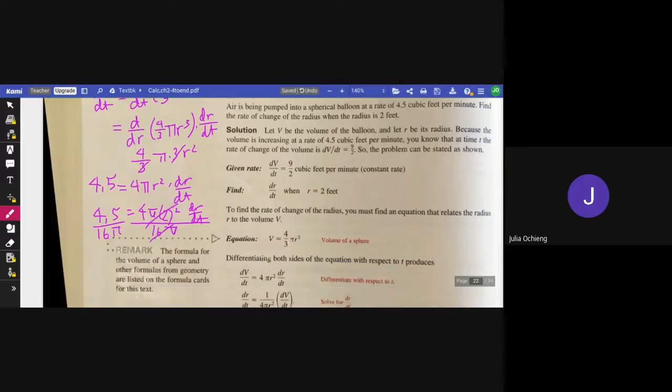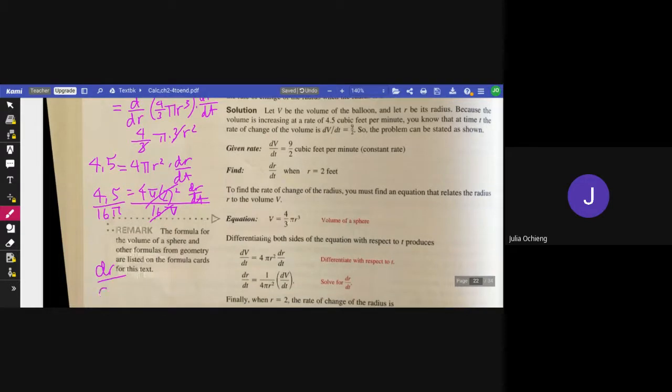So the rate of change of the radius over time is equal to 4.5 over 16 pi feet per second. Make sure that you put that in a calculator correctly: you'd have to put 4.5 divided by parentheses 16 pi, close parentheses.